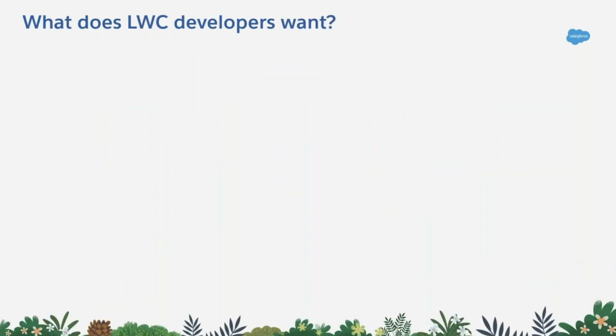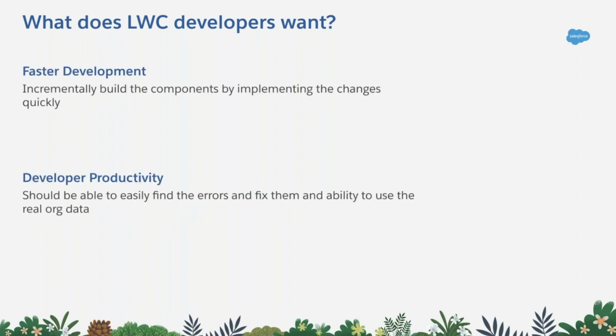But what does an LWC developer generally expect? Because we have been working on the Aura programming model for a while now, any LWC developer expects a way to do faster development, where he can incrementally build the components without always pushing the code to the scratch org, and then getting it again from the scratch org to see how the changes worked.